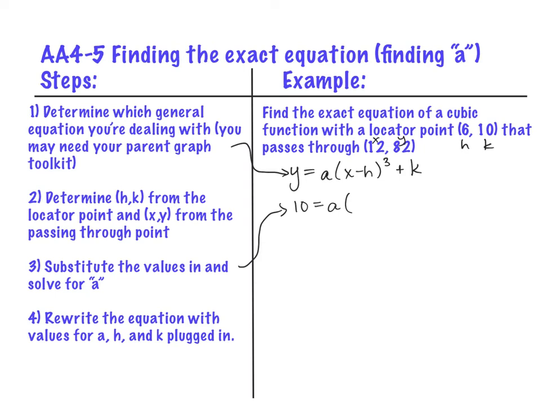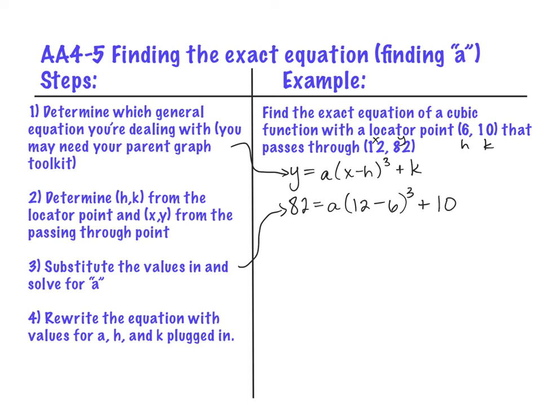My apologies, I was looking at the wrong thing. I'm going to have 82 for y. I'm going to put 12 in for x, minus, and then h is 6. Close my parentheses, cubed, plus, and that's where I'm going to use the 10, my k.